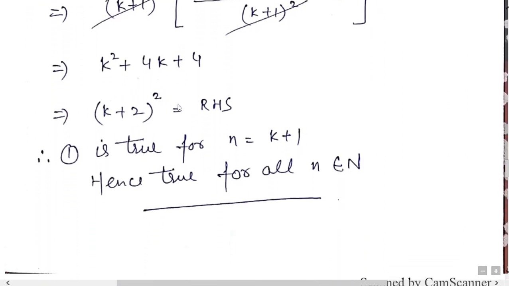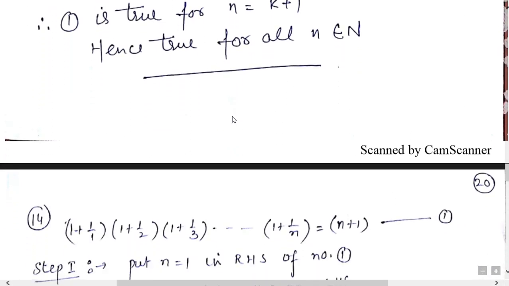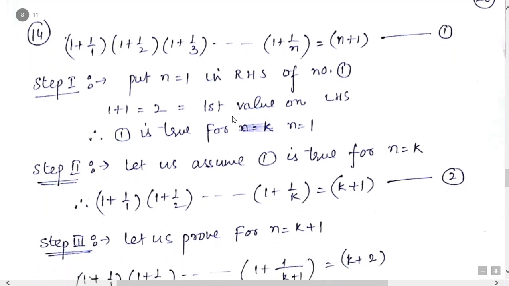It's k plus 2 whole square. It's equivalent to right hand side. It means the statement is true for n is equal to k plus 1. Therefore, true for all n belongs to natural number. Similar is question number 14.